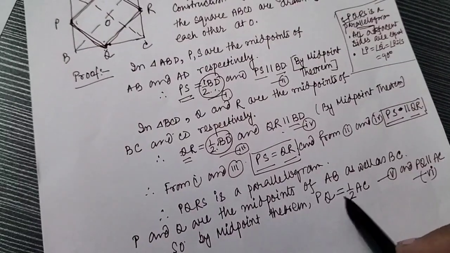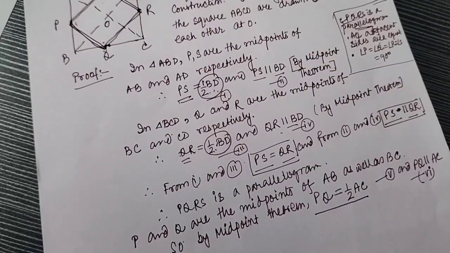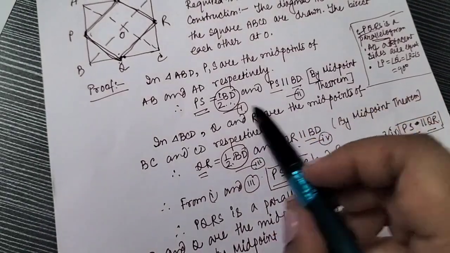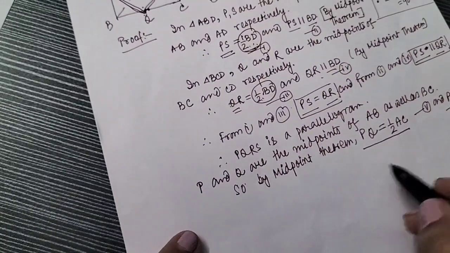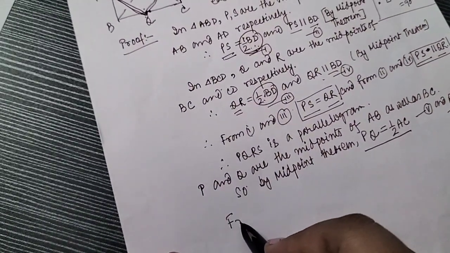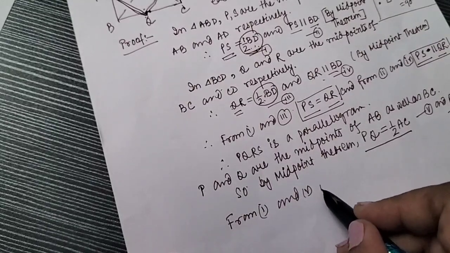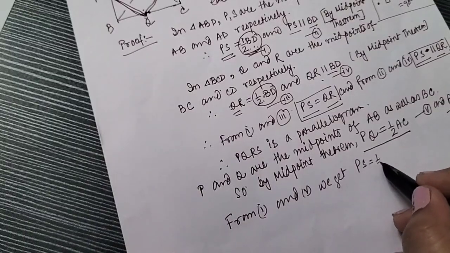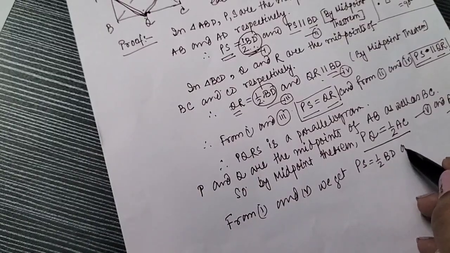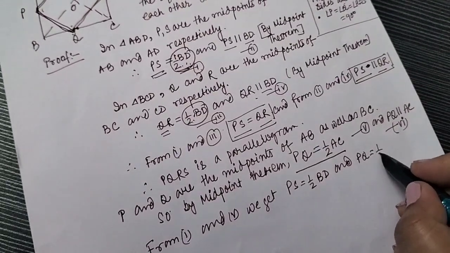So now, just as we have already seen, PQ equals half of AC and PS equals half of BD. So from 1 and 5, we get PS equals half of BD and PQ equals half of AC.